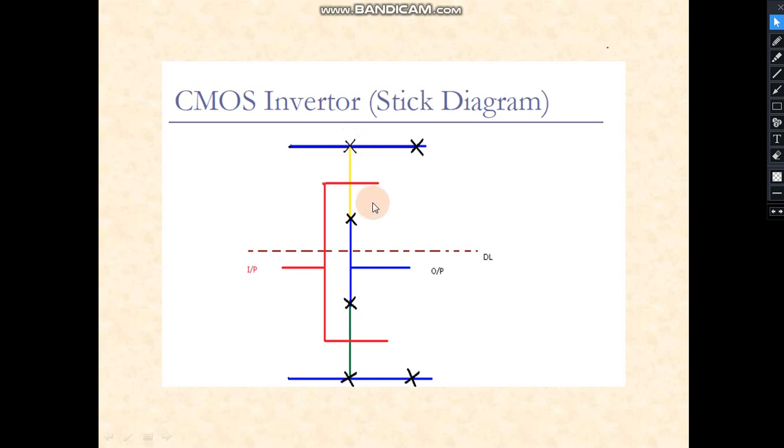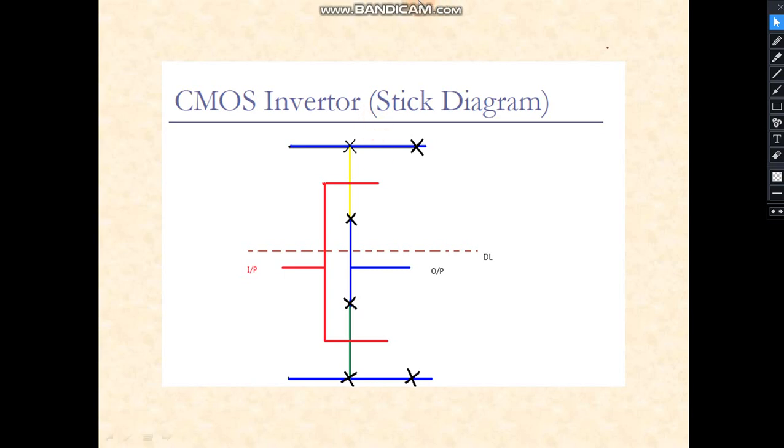Okay, and the basic rule of CMOS designing is that we have to use a demarcation line to separate the PMOS and NMOS regions. So by keeping all these points in our mind, we will try to understand the stick diagram of CMOS inverter.